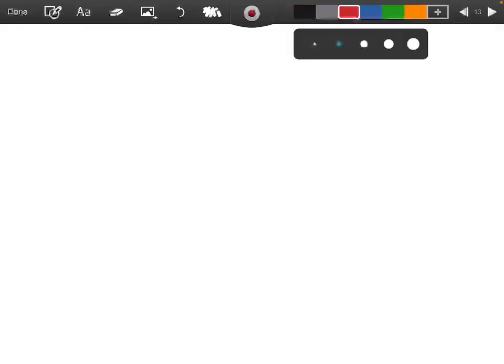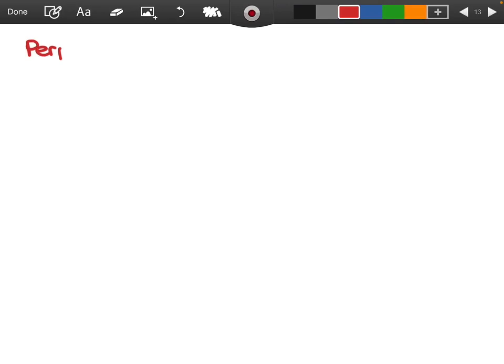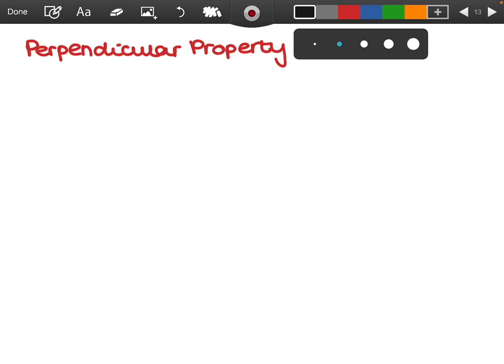The last thing that I want to go through in this section is something called the perpendicular property. Perpendicular means that 2 lines meet basically at a right angle.